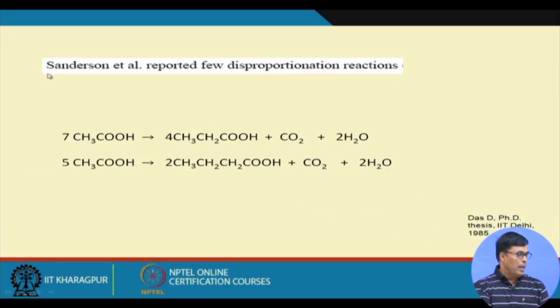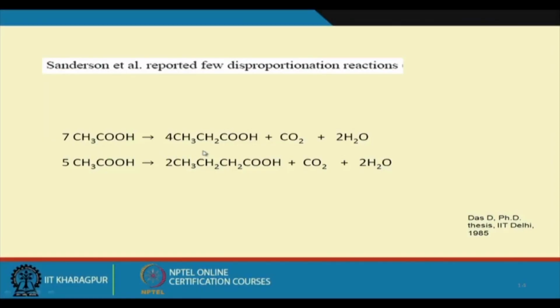Now, there is a scientist called Sanderson et al. who reported the disproportionation reaction. This is very interesting because, as I told you, in anaerobic digestion the acidogenesis process gives volatile fatty acids, which mainly comprise acetic acid, propionic acid, and butyric acid.